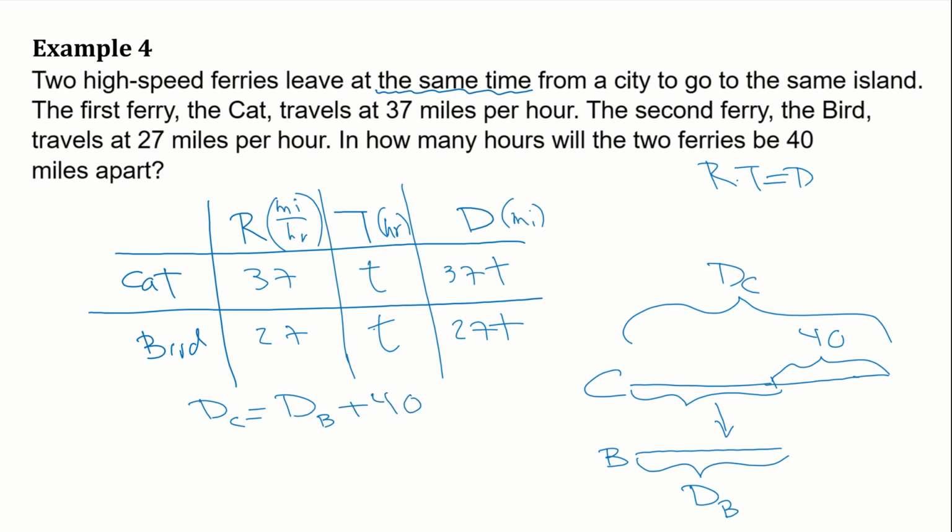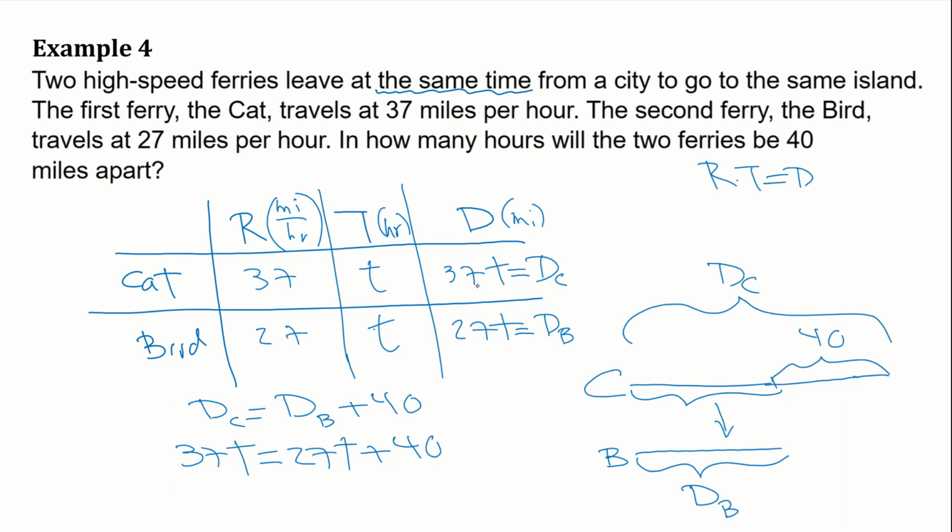So what is dC? Well, that's right here. This is what we mean by dC, and this is dB, right? So we have 37t, and remember, at any point where you feel like, okay, I have it from here, just go ahead and pause the video and finish it on your own. Equals 27t plus 40, right?